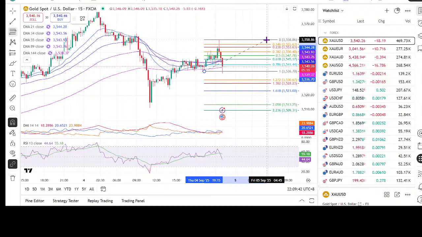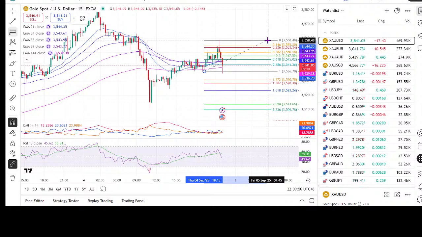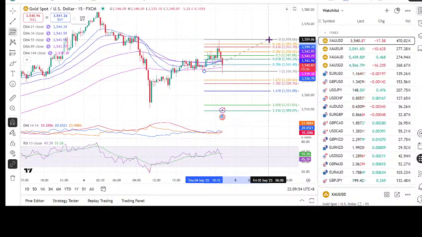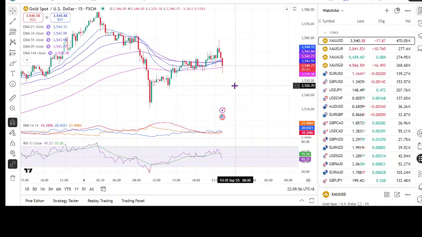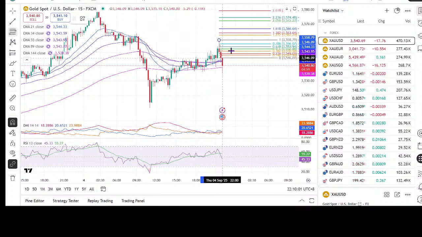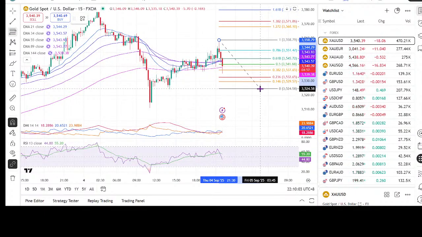We'll put an order to buy at 30 with the stop below 23 half or 24.